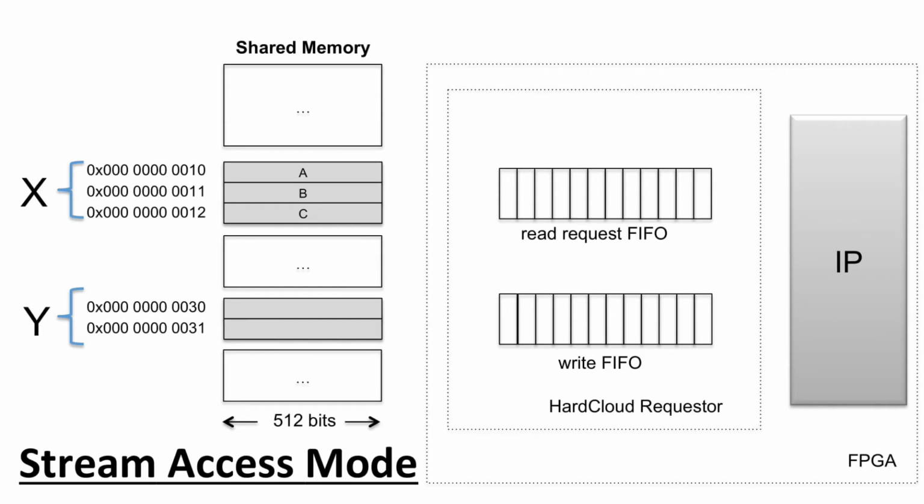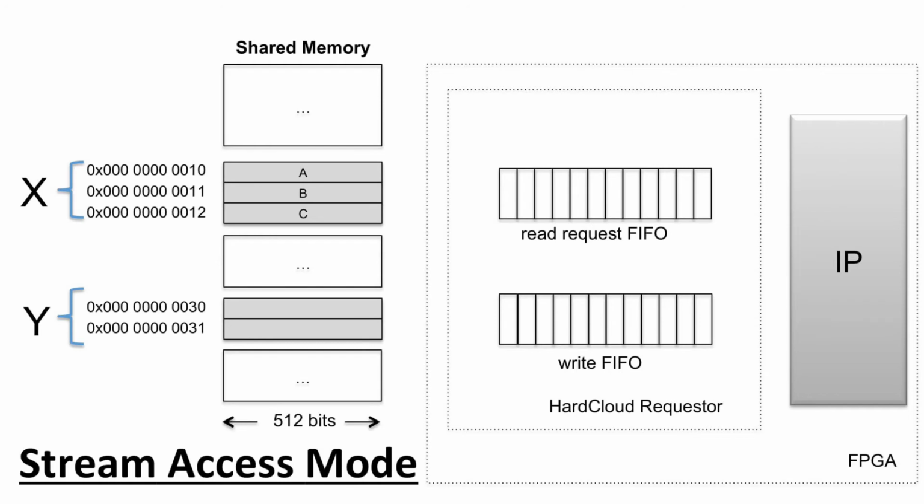On your screen, you can see the user module, IP, one HardCloud subblock, HardCloud requester with two FIFOs, read request FIFO and write FIFO, and the shared memory. Take into consideration that two variables are mapped to the memory, X with size of 3 cache lines and Y with size of 2 cache lines.